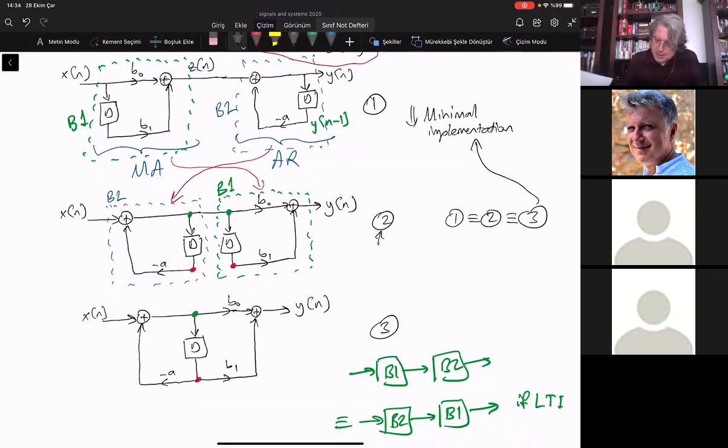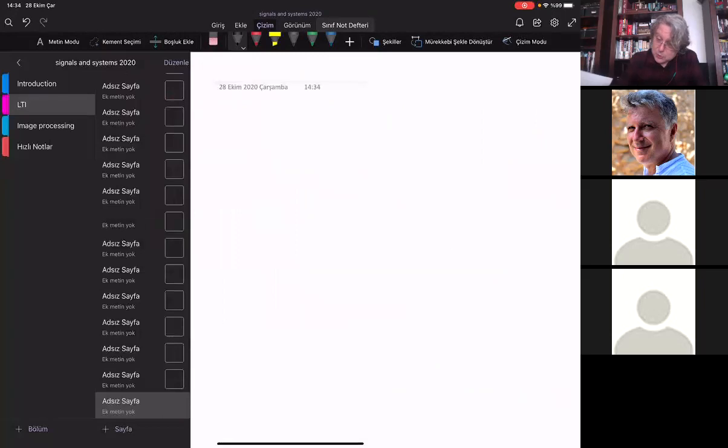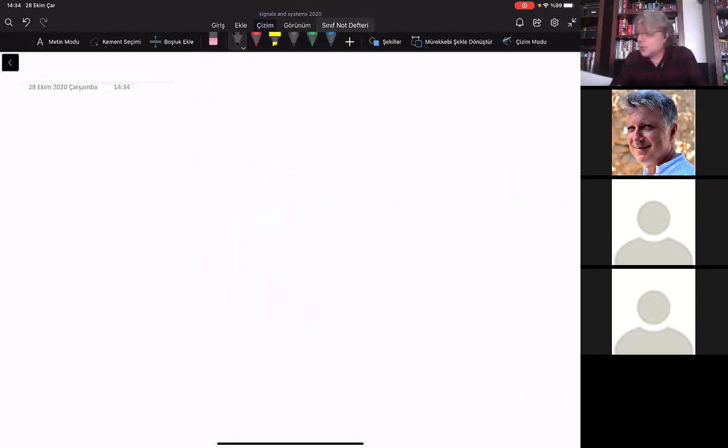Okay. Now I will open a totally new page, and I will try to generalize this into an ARMA difference equation like this. The general representation would look like this.